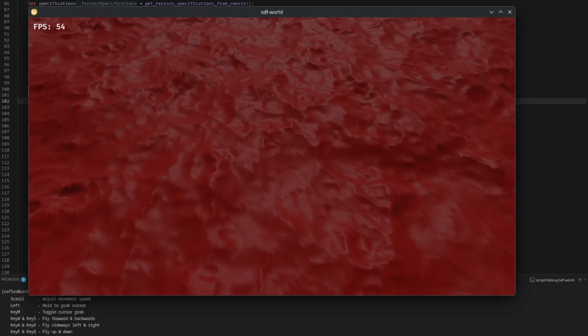Before, I was doing the calculations for a vertex for one triangle, and then for the triangle right next to it that has maybe one or two of the same vertices, I was doing the calculation again.